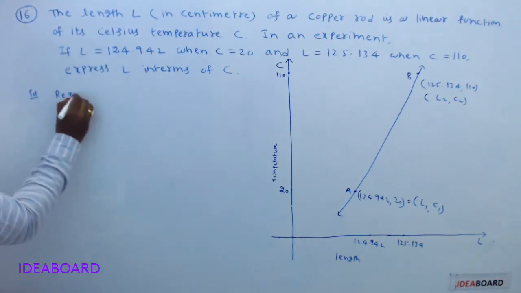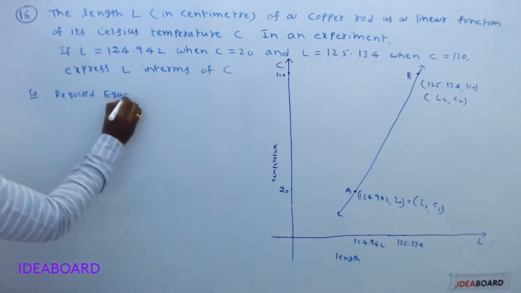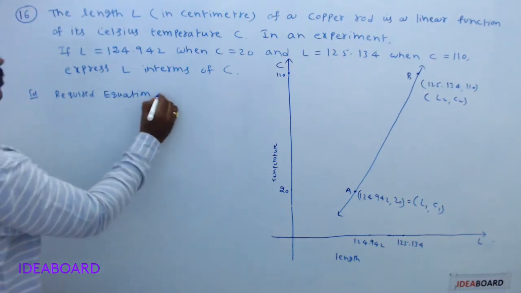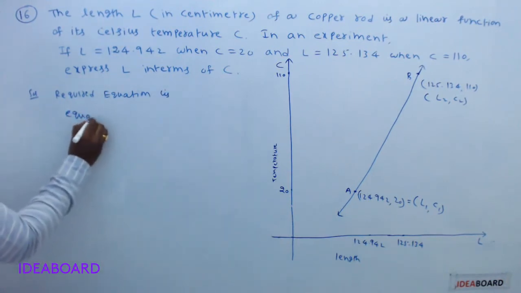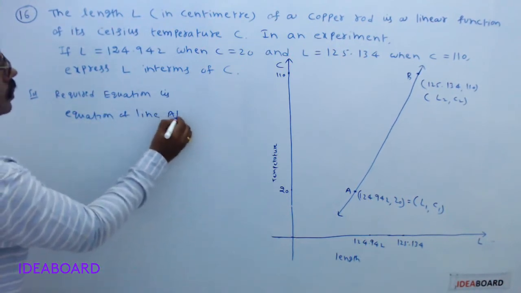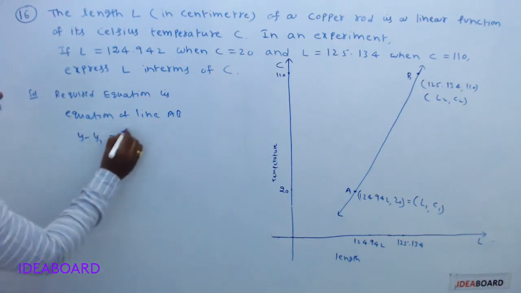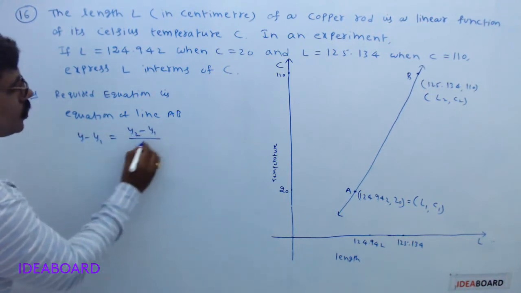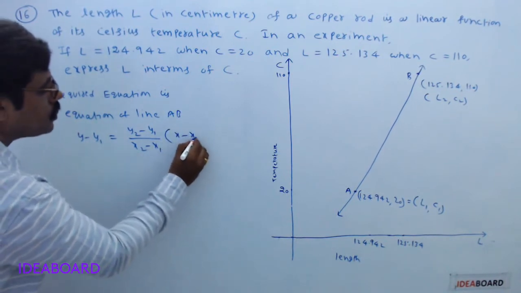So the required equation is the equation of line AB.